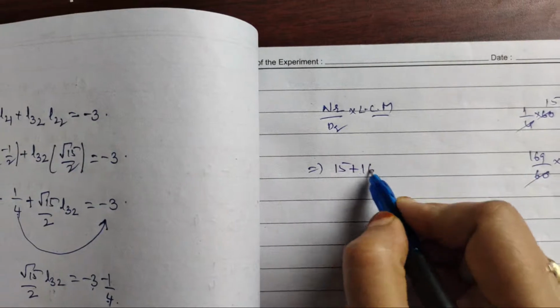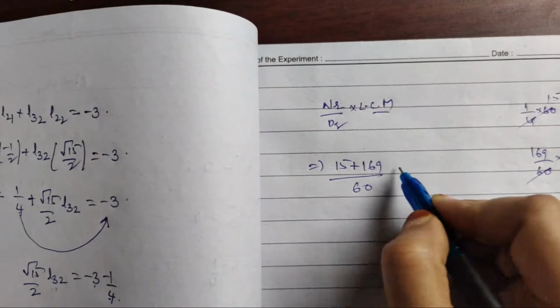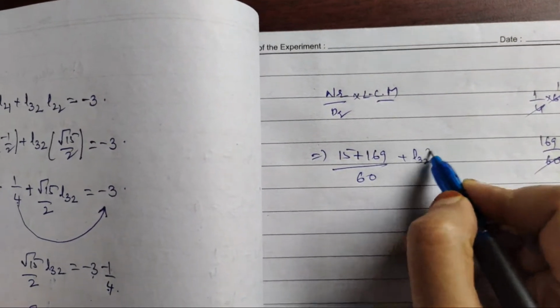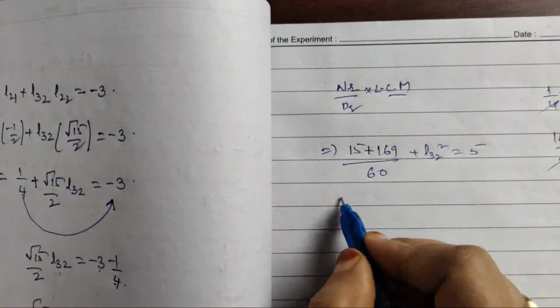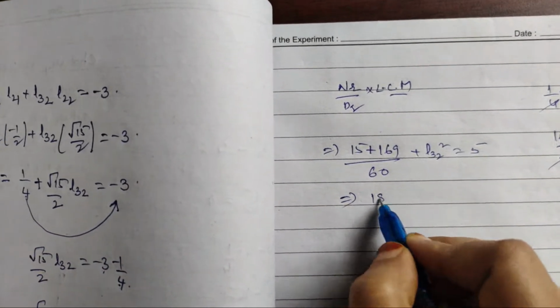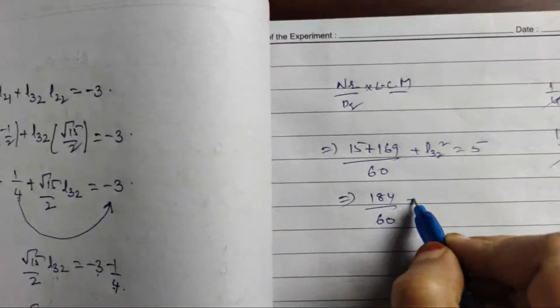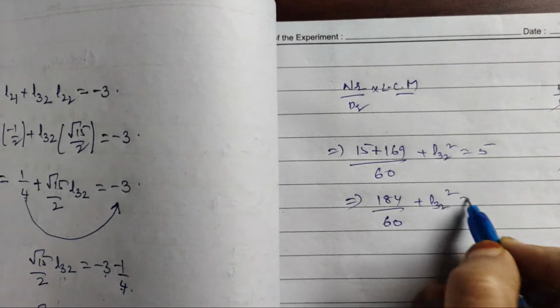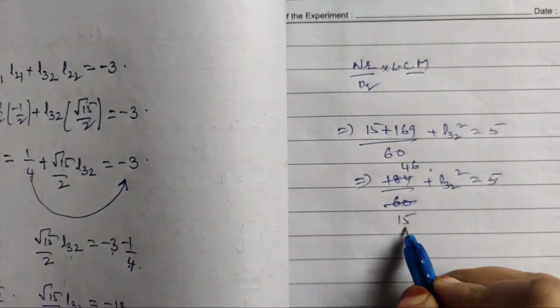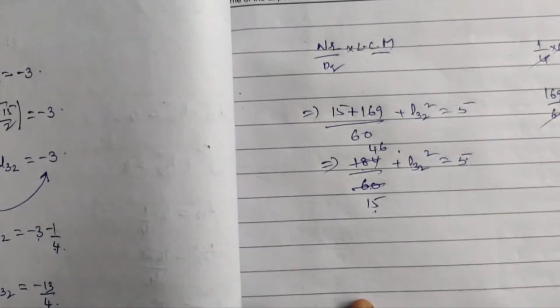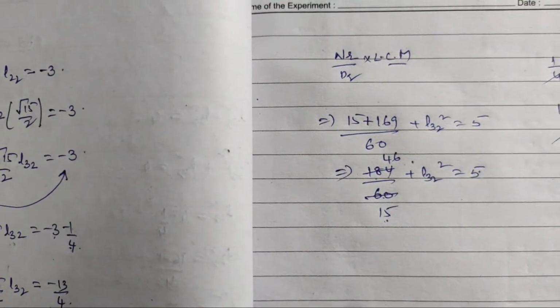So here you get 169 by 60 plus L33 square equals 5, which is 184 by 60 plus L33 square equals 5. This is 15 times and this is 46 times. 4 15s are 60 and 46 into 4 gives you 184.